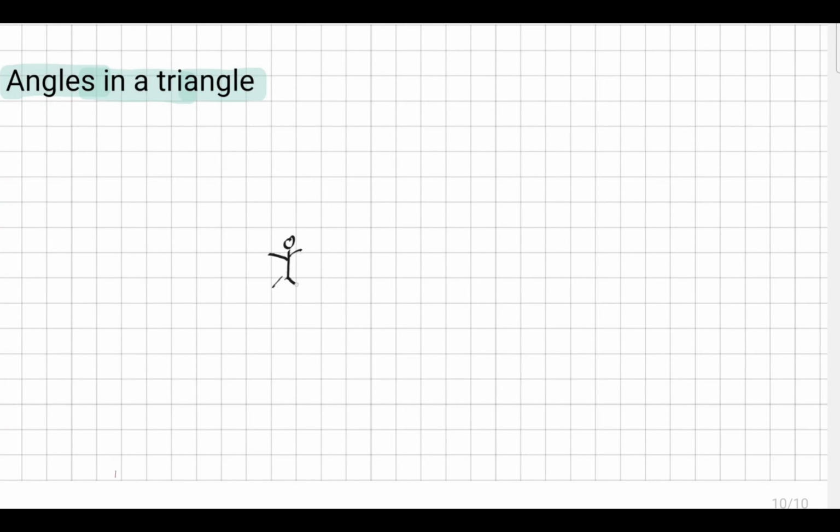Here we have a man who's walking in a straight line, and he walks for a while and then he makes a slight turn. So let's call the exterior angle here A. Then let's say he makes another small turn, and let's call this exterior angle B. Then let's say the man makes another turn, and let's call it exterior angle C here.